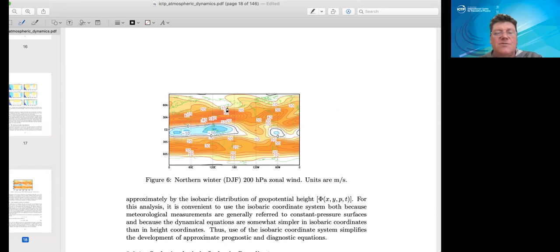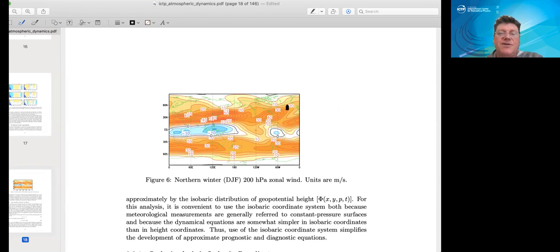And it's localized where we have the strongest temperature gradients. So it's localized at the east coast of the continents. In the Pacific, the jet is a little bit more zonal, but in the Atlantic, this jet is pretty much tilted.